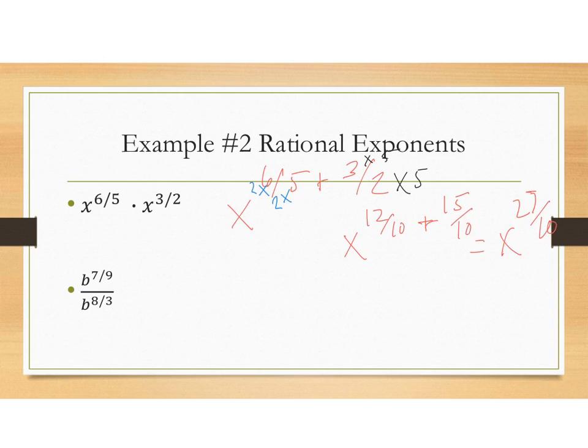Our next example is dividing exponents. When you divide exponents, you subtract their powers. The top power minus the bottom power. Again, I need to find a common denominator. I can make the 3 into a 9 by multiplying it by 3.